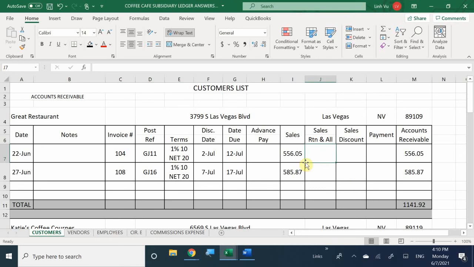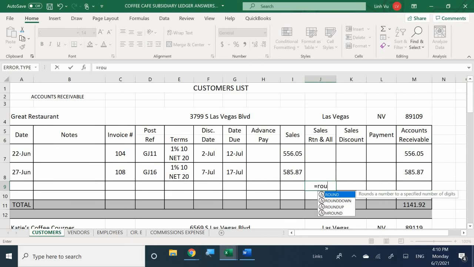So for the sales returns and allowances, okay, you got 526. All right. So what's 1% of that? The $5.26. Sorry.